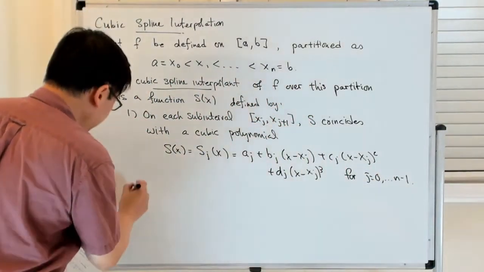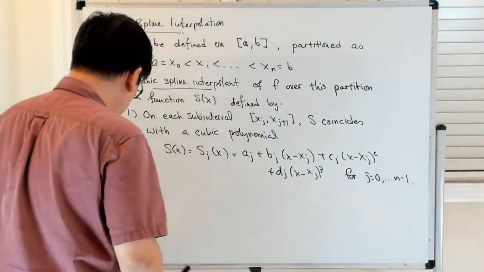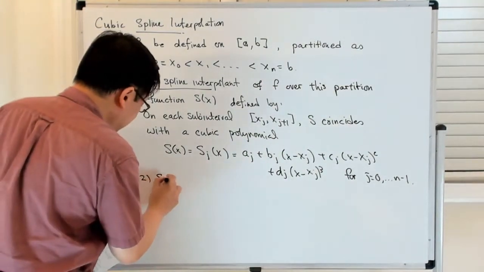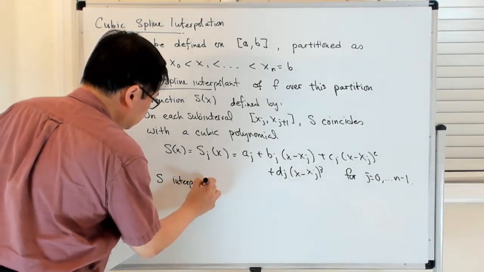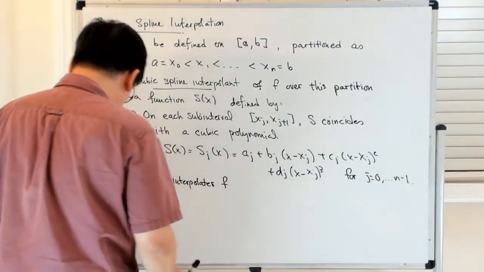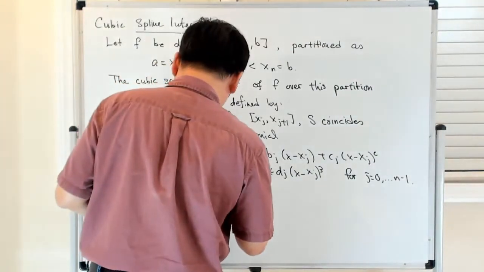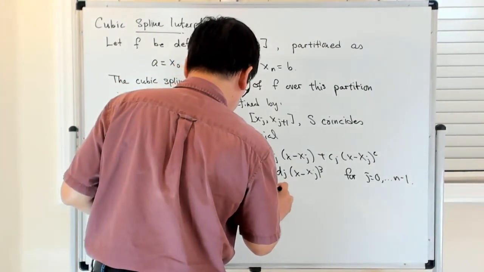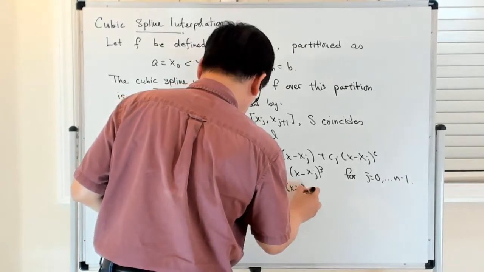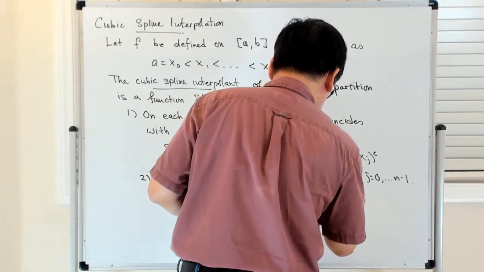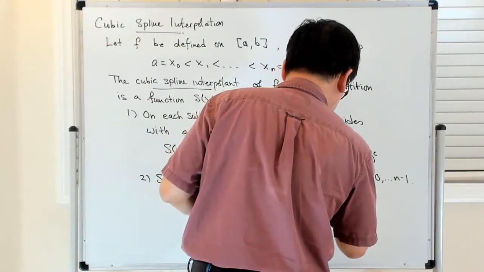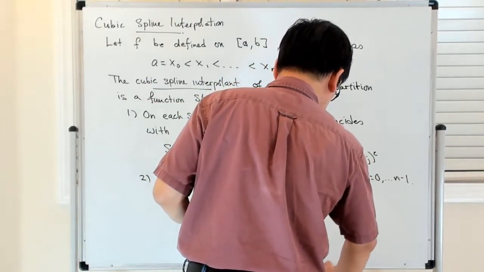So that's the first condition. The second condition is that S interpolates f. So S at xj is equal to f at xj, and this is for j between 0 and n, including the endpoints.